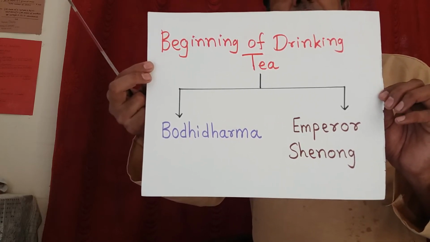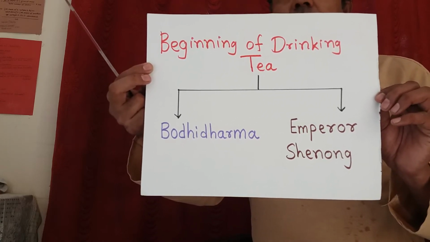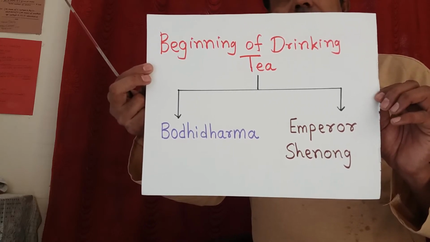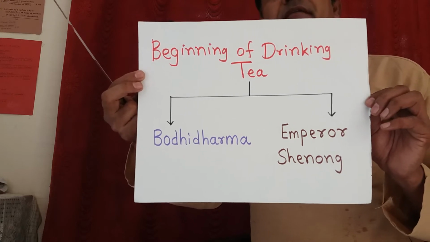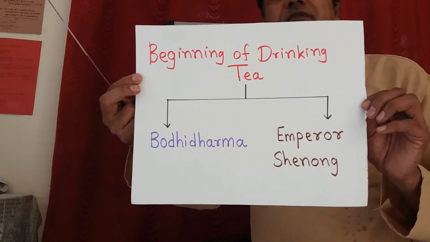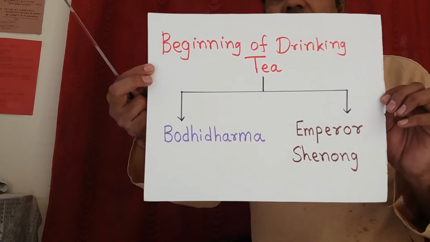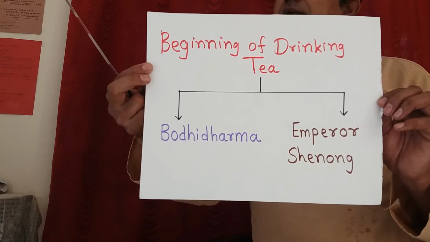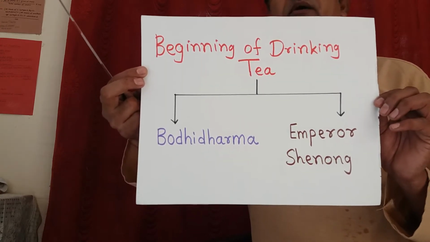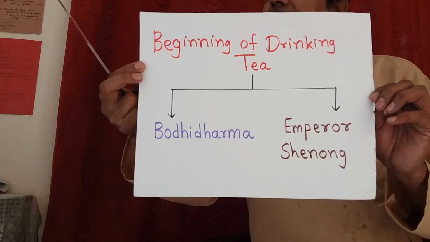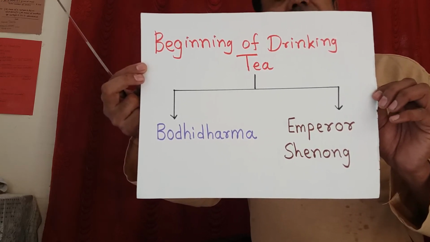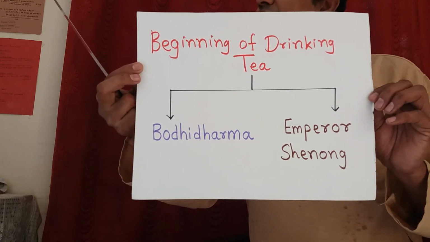When Emperor Shennong tasted that infusion, he was amazed by the flavor, aroma and refreshing quality. He ordered his servants and pupils to investigate that plant. It is said that from that time, after the investigation, people started using tea.